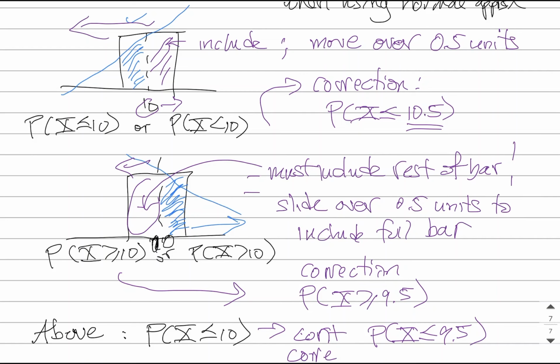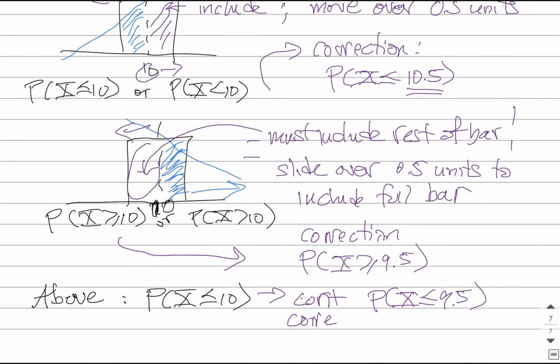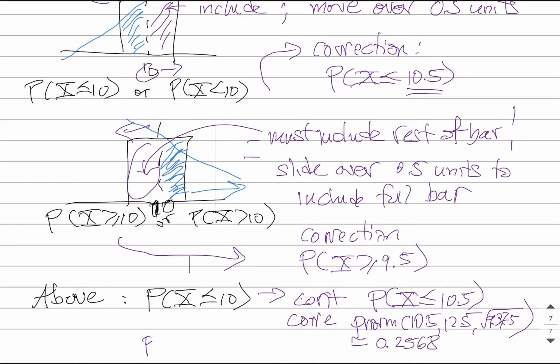Oh, sorry, my mistake. We should be going to 10.5. I apologize. Now, if you do that, and you go ahead and you use pnorm, and let's say we go pnorm 10.5, 12.5, and square root of 9.375, if we go ahead and use R to calculate that value, we'll get 0.2568, which is much better than we had before.